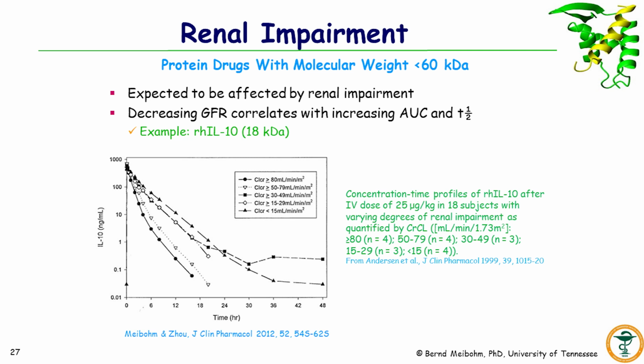What you see here are concentration time profiles of interleukin 10 in patients with decreasing renal function, measured as creatinine clearance, either normal renal function, creatinine clearance larger than 80 milliliter per minute per square meter, and then successively reduced renal function. You see that with reduced renal function, you get a reduced clearance, an increased systemic exposure, and an increased half-life of these therapeutic proteins.